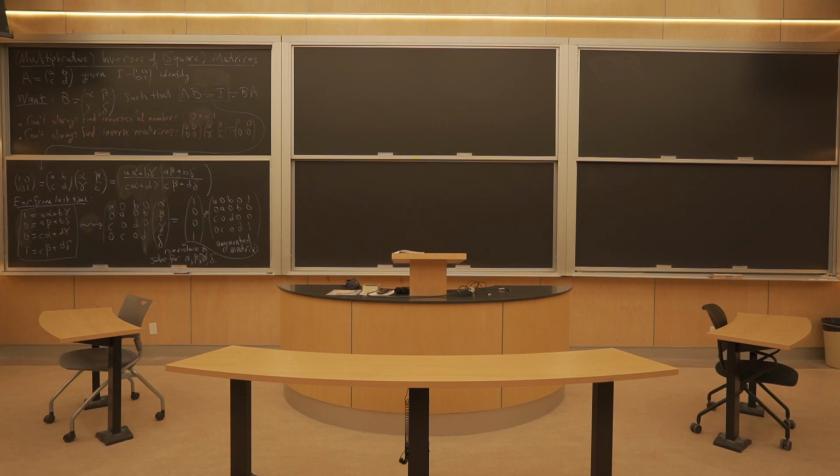So our task is the following. We're given a matrix A with entries a, b, c, d, and we've discussed how this matrix 1, 0, 0, 1 is the identity matrix. It's the identity element, let's say, with respect to multiplication. If you take any matrix and multiply it by I, you just get back the original matrix.